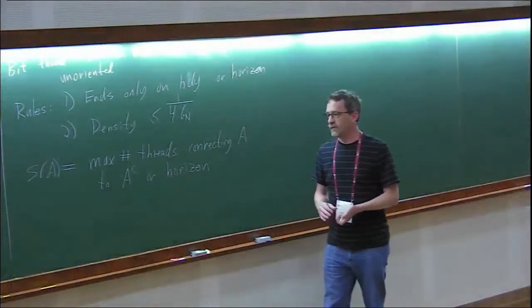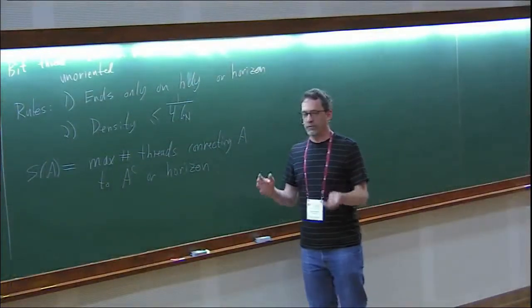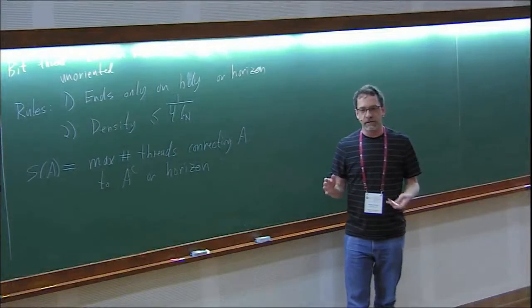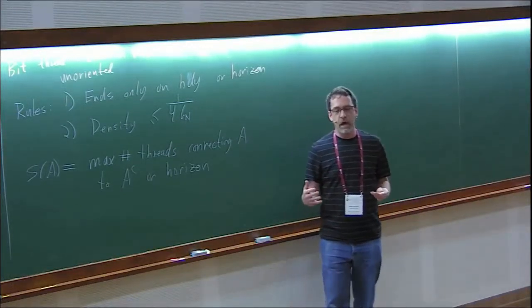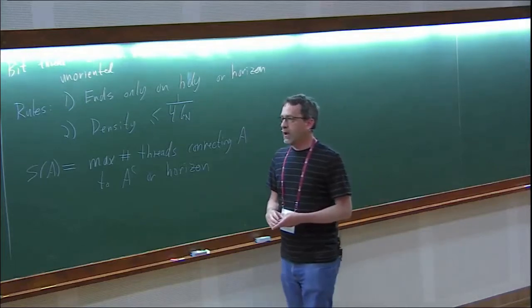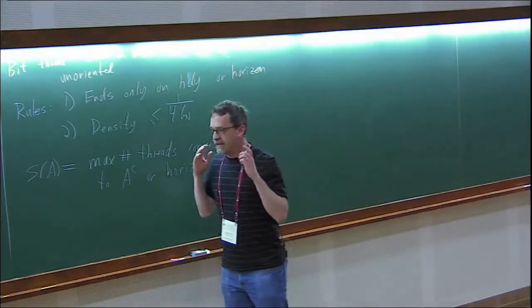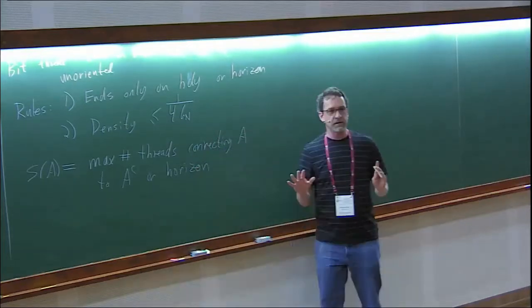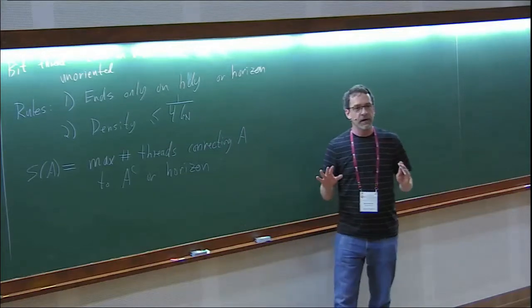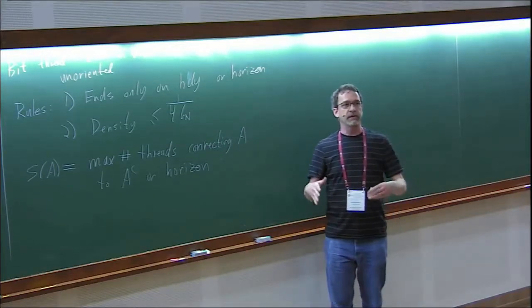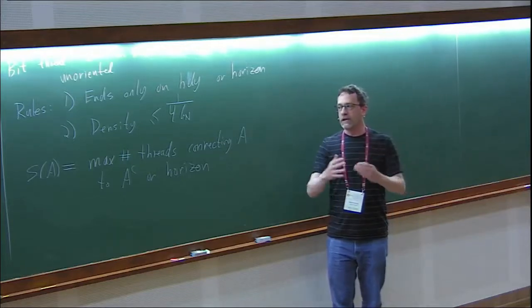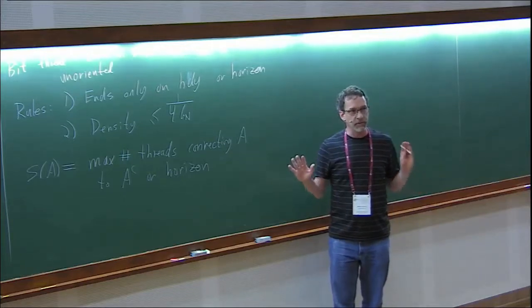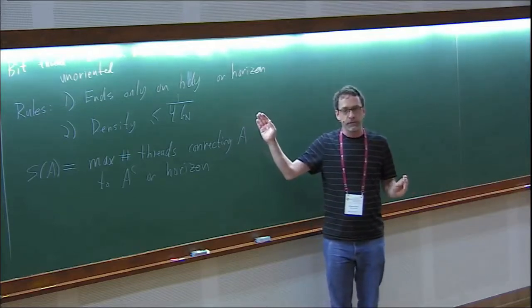Right. So indeed, Suvrat makes a very important point that I want to emphasize here, and that sometimes people miss in the discussion of bit threads. The important thing is never any single particular configuration. The important thing, which represents the state and gives you the entropies, is the collection of all possible configurations subject to these two rules.